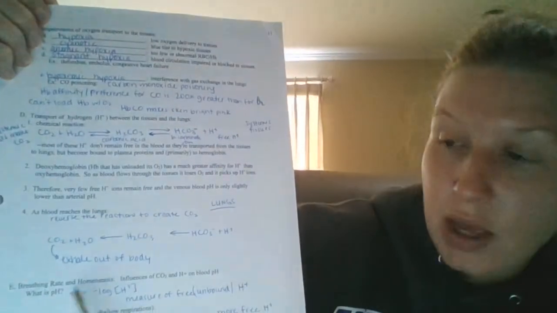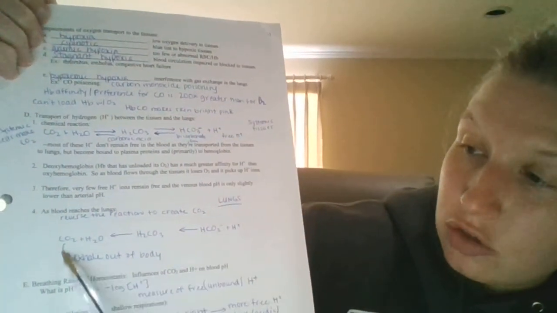Okay? Now, let's talk about what happens in the lungs. I've already mentioned this. Here we're going to talk about it. Write it down. In the lungs, you have more CO2. So what happens in the lungs? You've got the ability to exhale.